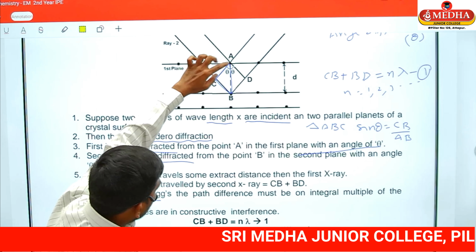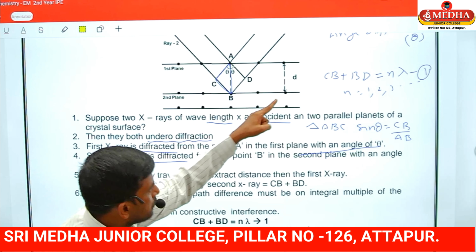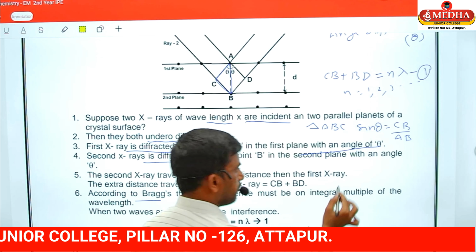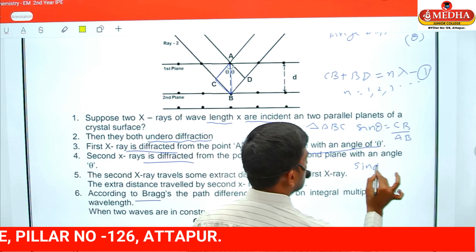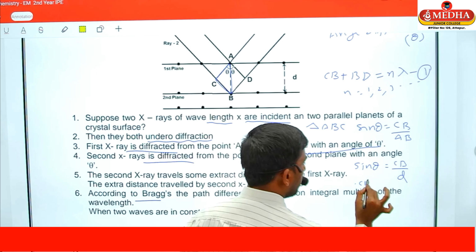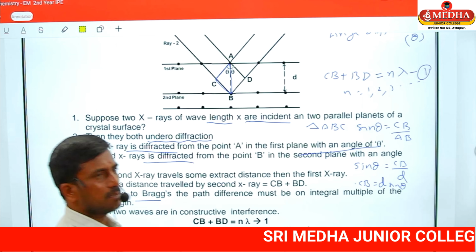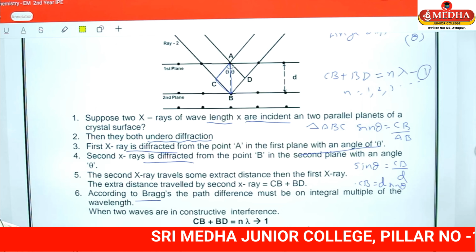According to the diagram, AB is the interplanar distance between two planes, which is d. Therefore sin theta is equal to CB by d, so CB is equal to d sin theta.